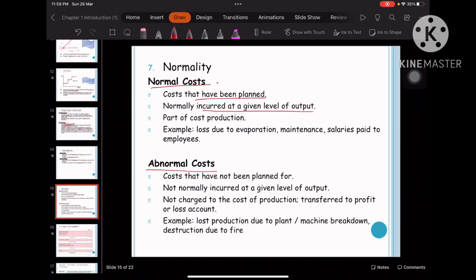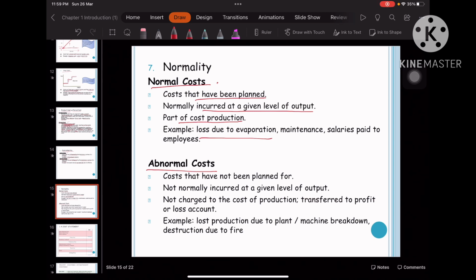It is part of the cost of production, so it's normal for them. For example, loss due to evaporation, like ice or gas, where in a certain time the volume or size of the ice will reduce because of evaporation. So that one is normal.